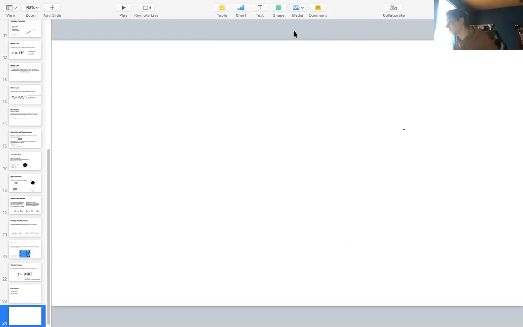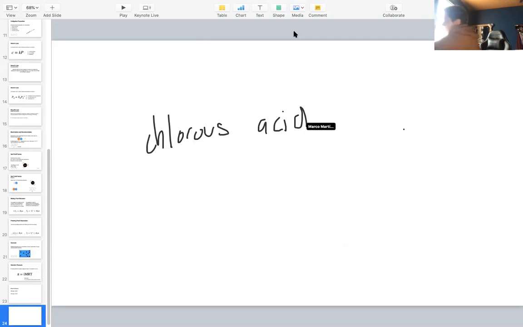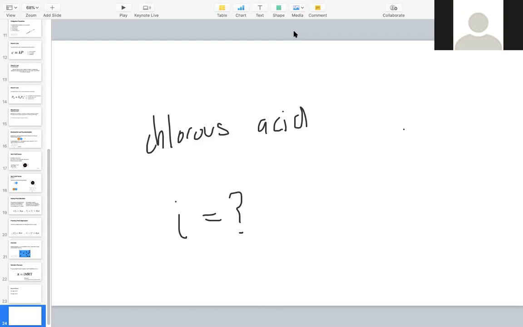If I were to give you this right here, chlorous acid, can someone tell me the van 't Hoff factor of chlorous acid? Give me a second, let me think.